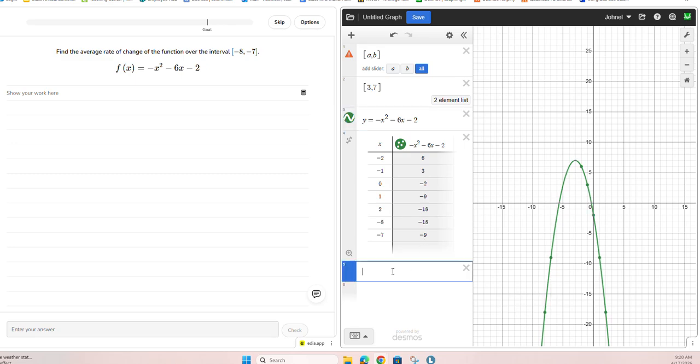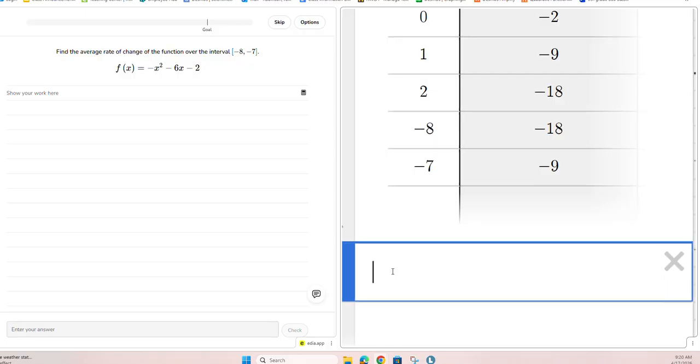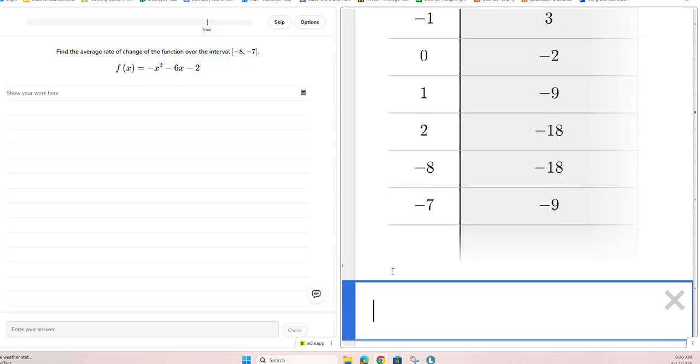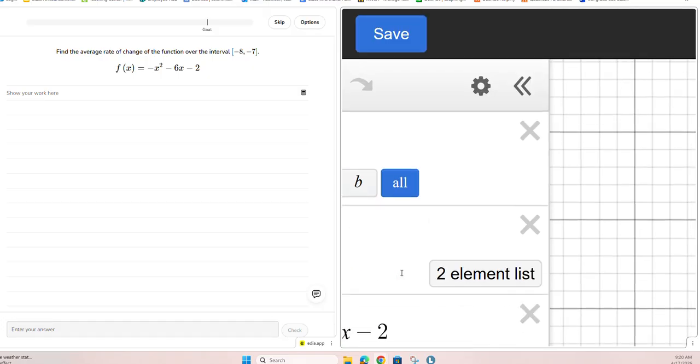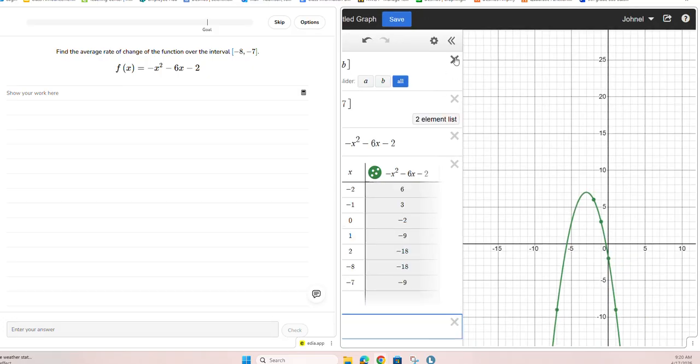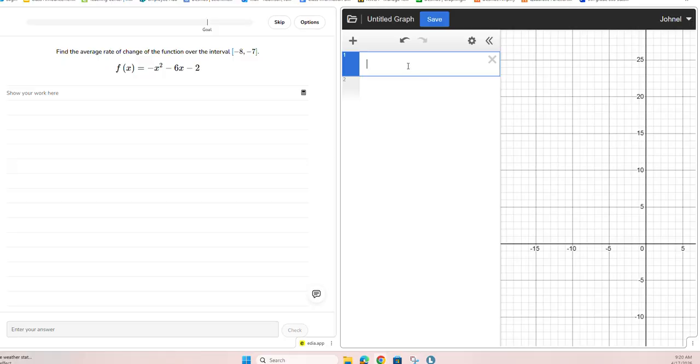So I'm going to come over here and I'm going to calculate. All right. First step. Let me start over. All right, close all this out. I'm going to type in my function. Y equals negative x squared minus 6x minus 2.